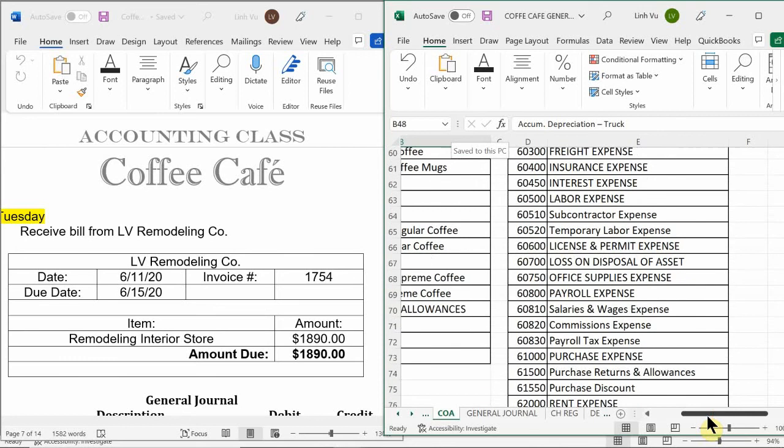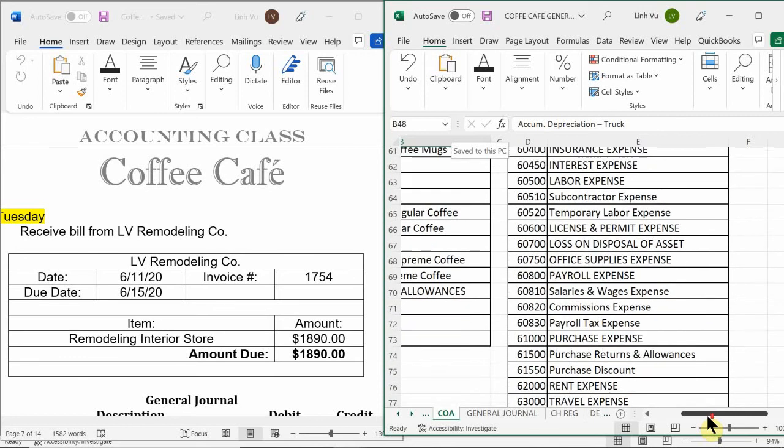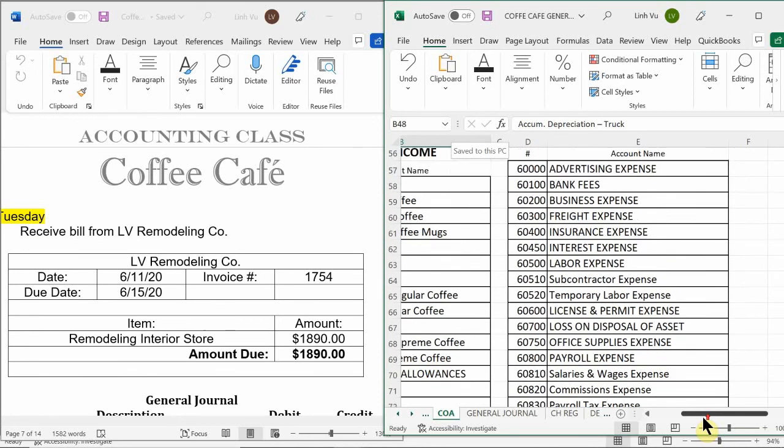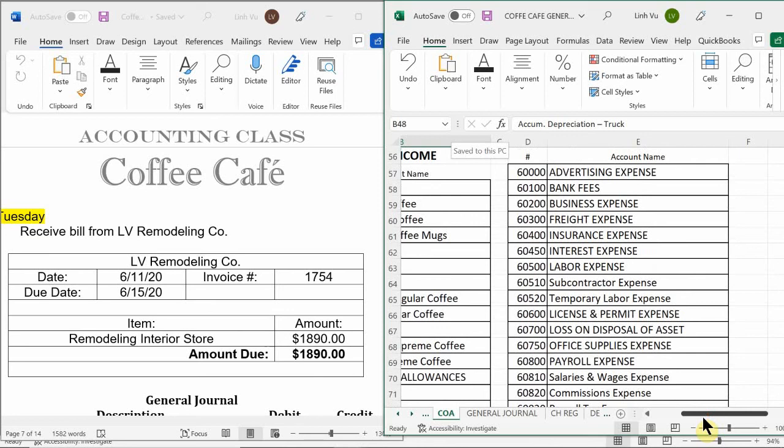Subcontractor expense? It would be under subcontractor expense, good, because in this case, it's not advertising, it's not insurance expense, it's not business expense. It could be considered a business expense, but in this case, not really, right? There's definitely much more in terms of being descriptive.